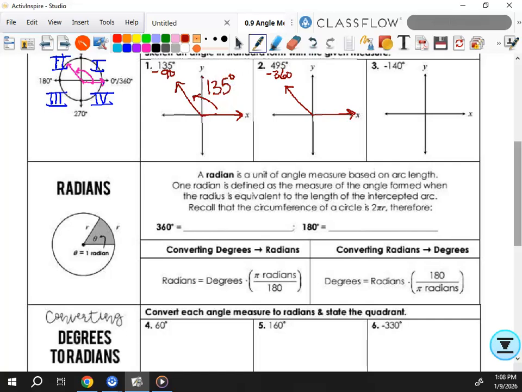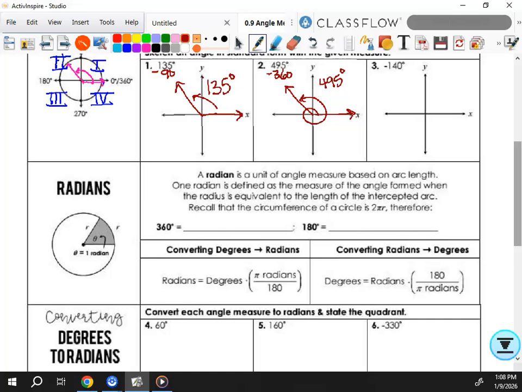So for this one, I would start here. I go all the way around to 360, keep going, and that's how you distinguish between the two. We do end up in the same spot. So they are called coterminal angles because one just had one extra little loop in it. We'll talk about those more on the back, but it's just like running an extra lap around the track, is all that is. Everybody good so far?